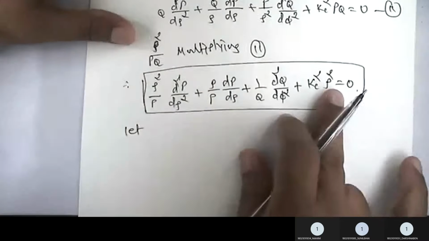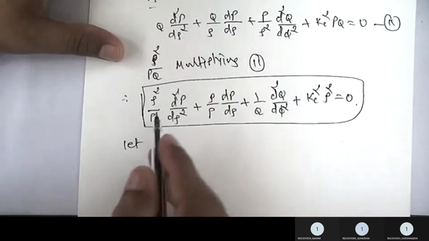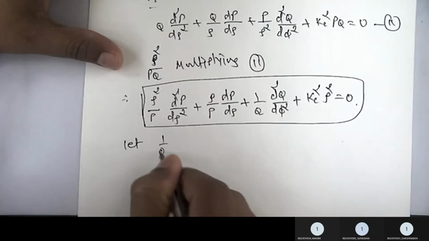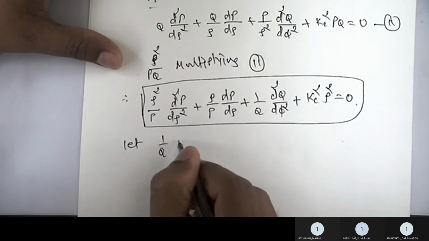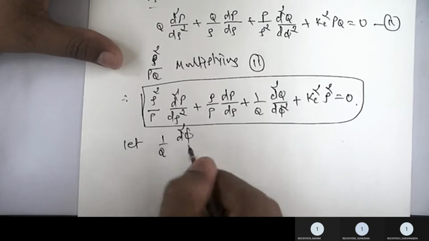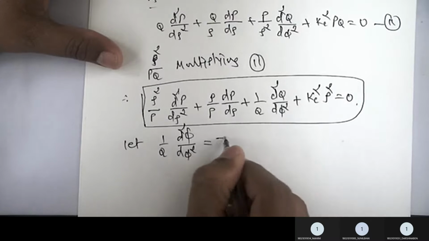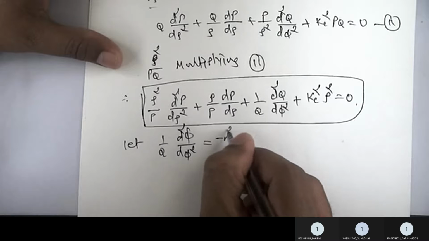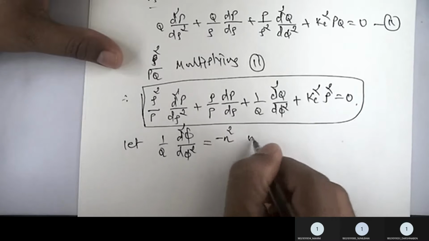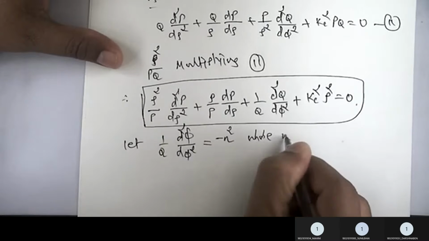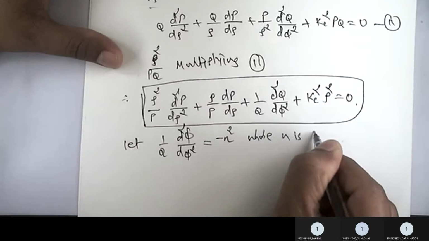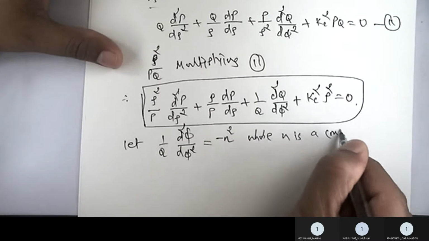That's why I have done the above exercise. So for the same case, let me introduce that 1 over q d square q over d phi square; I will put it as a constant, minus n square. Here n is some constant, suppose.